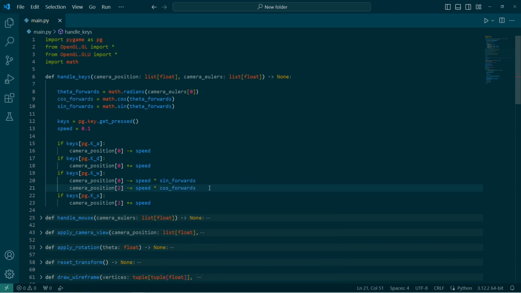Now this might seem a little strange, and it sort of is. Here's why: we're so used to thinking of X as just cosine. But if we have a rotation of 0, then we'll have an angle of 0, and all of that movement, we want to be in the z-axis.